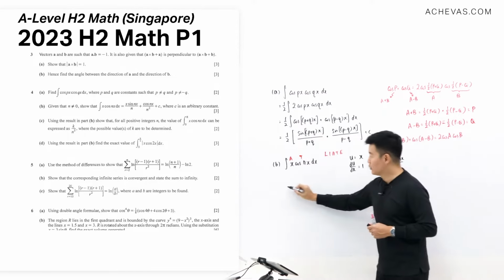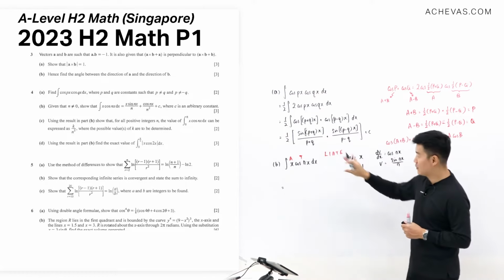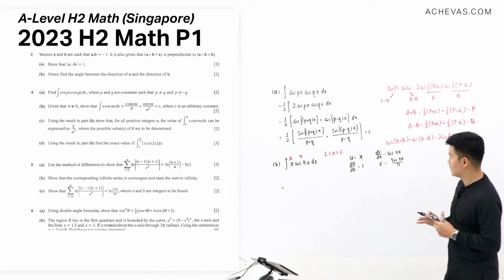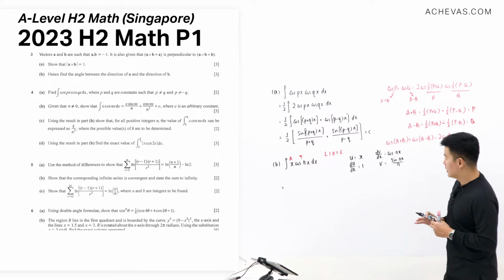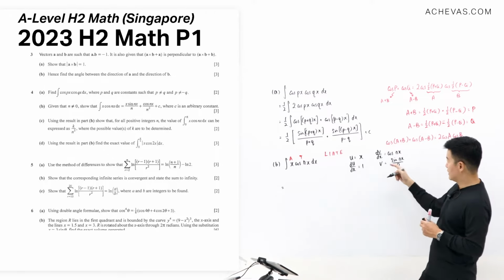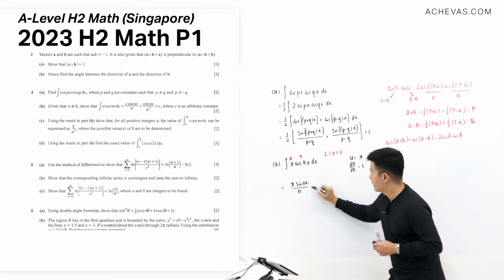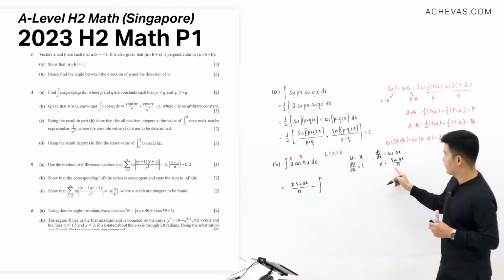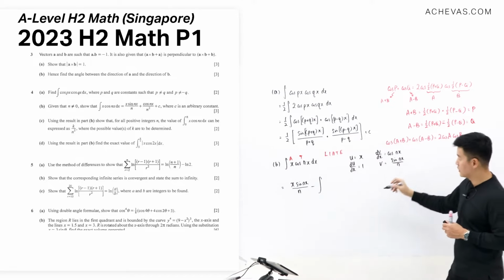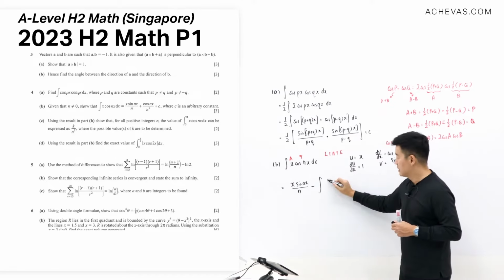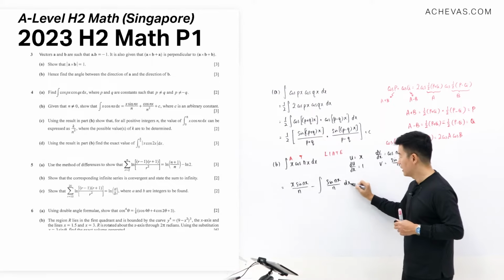Okay, now we are ready to do integration by parts by re-expressing this using what we have come up with. So it is going to be uv, so it will be this times this, which will be x sine nx over n, minus integration of v times du/dx. This is just 1, so it will just be sine nx over n.